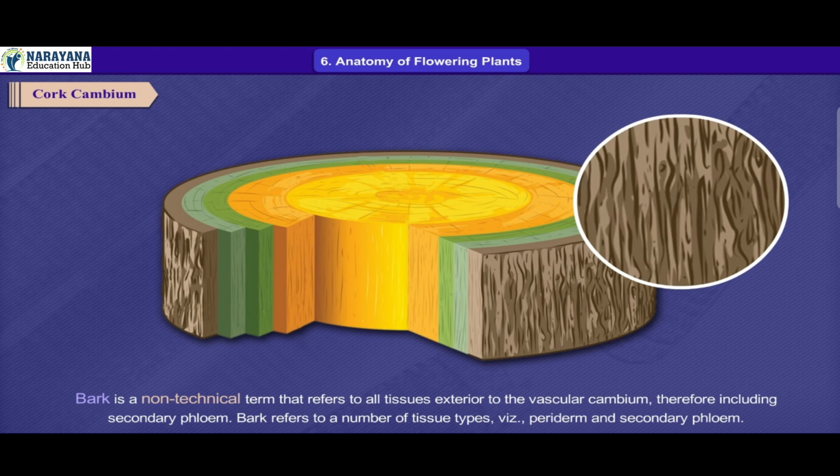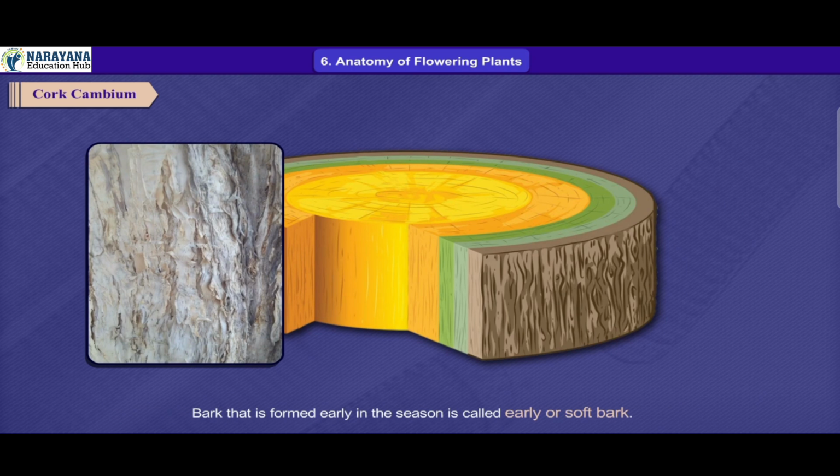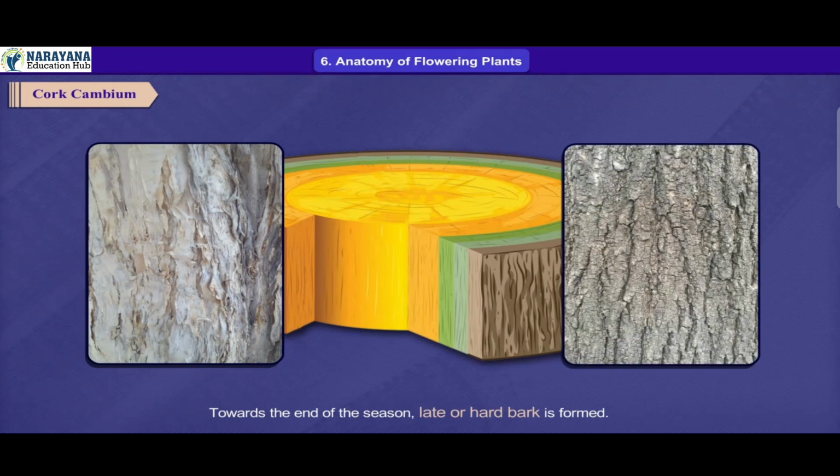Bark refers to a number of tissue types, namely periderm and secondary phloem. Bark that is formed early in the season is called early or soft bark. Towards the end of the season, late or hard bark is formed.